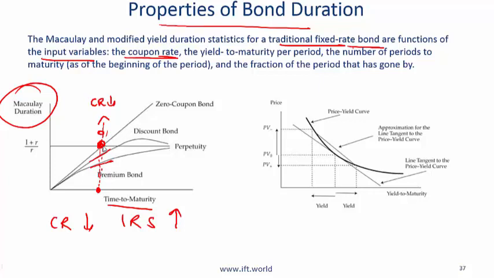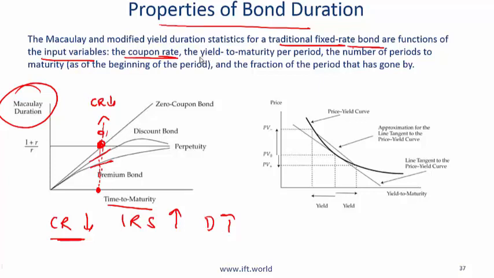So that has the highest duration. A discount bond will have a coupon rate that is higher than the coupon rate of a premium. So notice that this relationship holds. The lower the coupon, the higher the duration. Okay, so interest rate sensitivity is high, which means duration is high. So that's the first point.